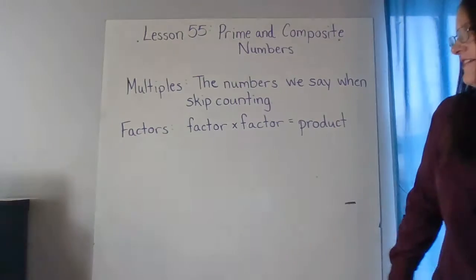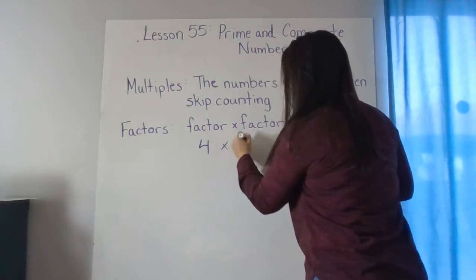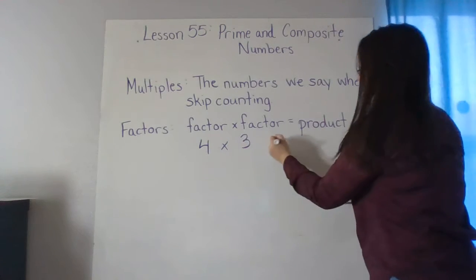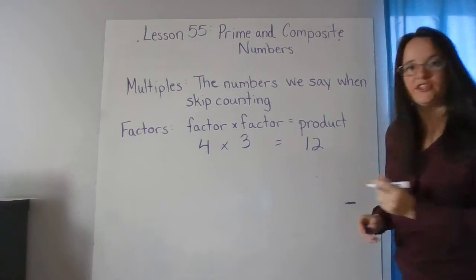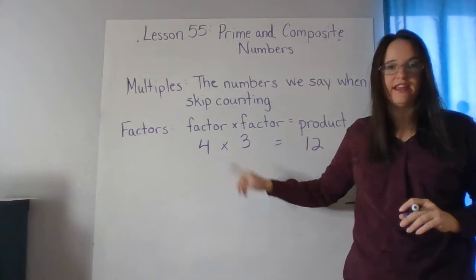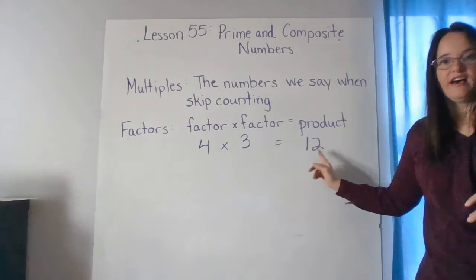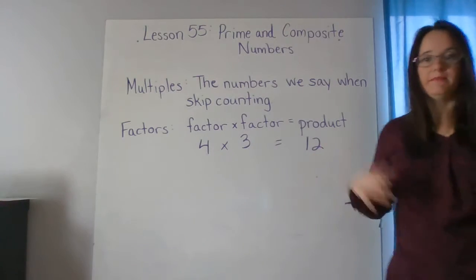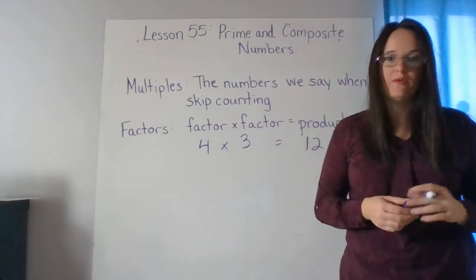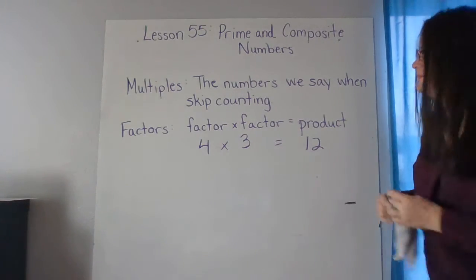So we might have 4 times 3 equals 12, where 4 is a factor and 3 is a factor. And what we would say is 4 and 3 are factors of 12, meaning we can multiply them together to equal 12.